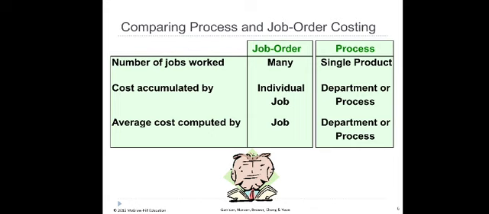For job order costing, to calculate cost per unit, the calculation should be done on every individual job, because each job is different, so you have to calculate separately. But for a company that uses process costing system, they can calculate the cost according to departments or processes. So average cost is computed by job for job order costing, but for process costing system, the average cost is computed according to department or process.